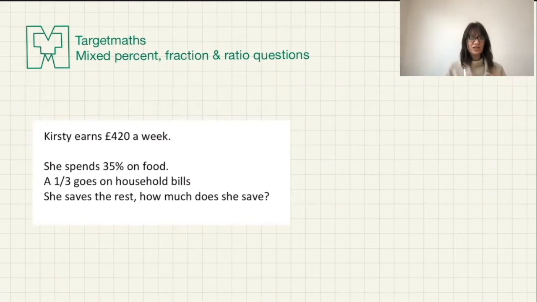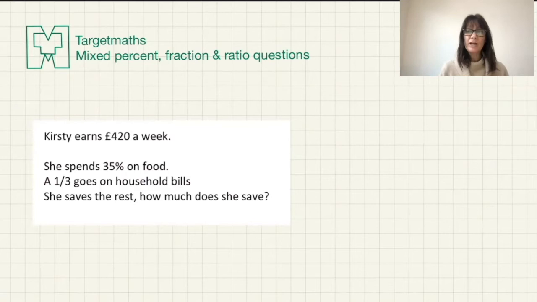Okay, we're going to get stuck straight in with our first example. So Kirsty earns £420 a week and spends 35% on food. A third goes on household bills and she saves the rest. How much does she save? So this question has a fraction of an amount in it and a percentage of an amount in it.